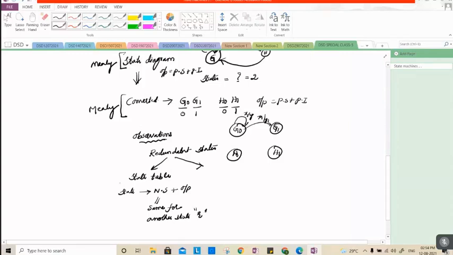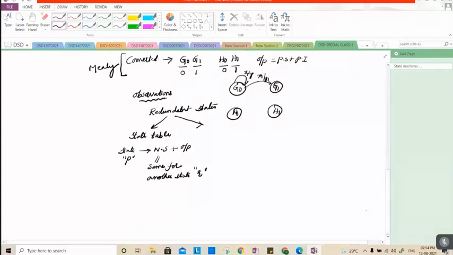Say state P and state R, then R is called a redundant state of P, or P is called a redundant state of R, in this way.